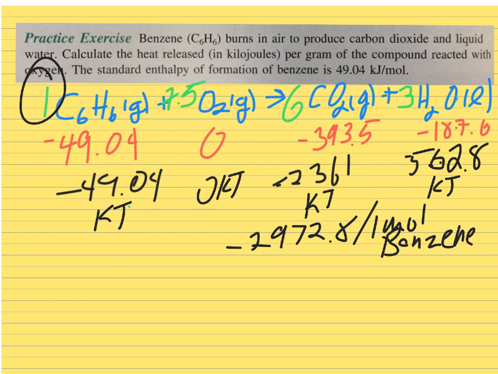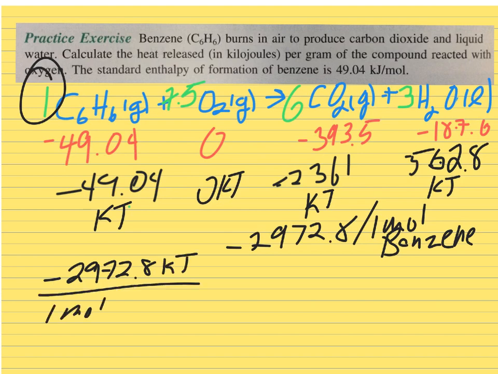So I'm going to rewrite it at the bottom here and say negative 2972.8 kilojoules. I'm going to put that over 1 mole benzene. I'm just going to write Ben. And then I'm going to multiply that by my molar mass.